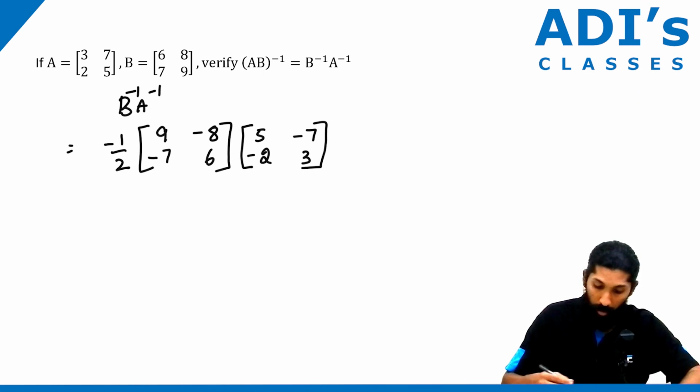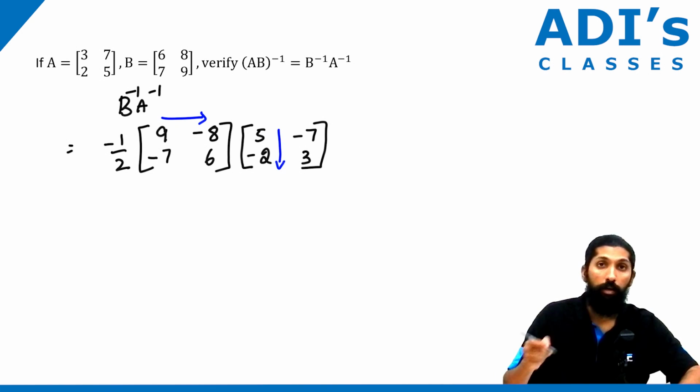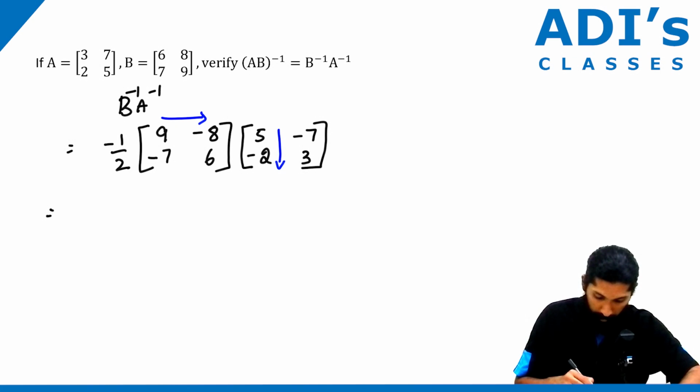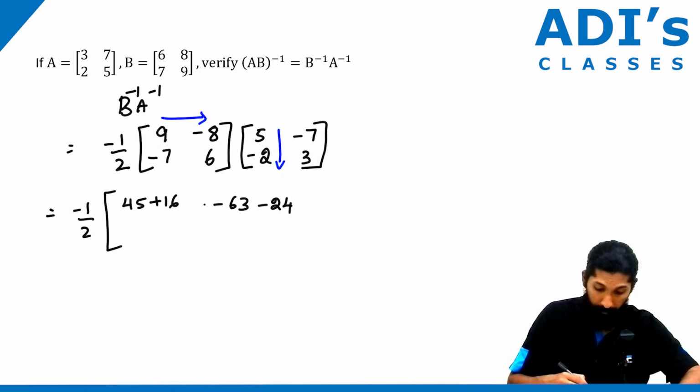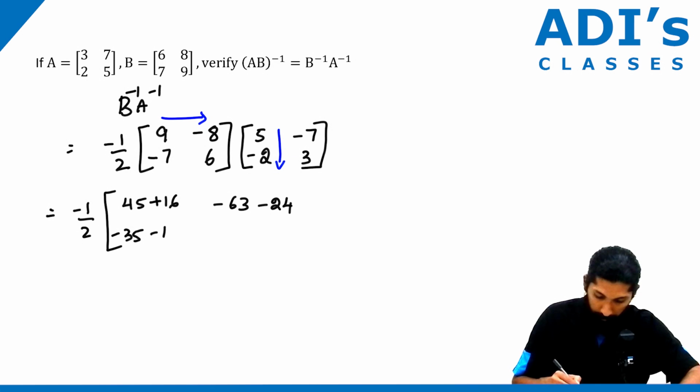Now we have the normal matrix multiplication. So you take the row, you take the column, do the math. Very, very easy. Once you do this, see, minus 1 by 2 into 9 into 5, 45, and minus and minus, so plus 16 is the first case. 9 into minus 7, minus 63, minus 24, minus 8 into 3. Minus 35, minus 12.